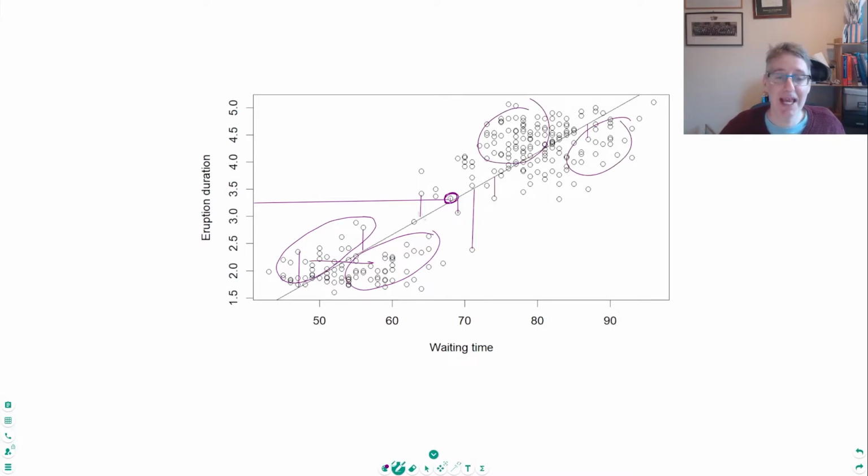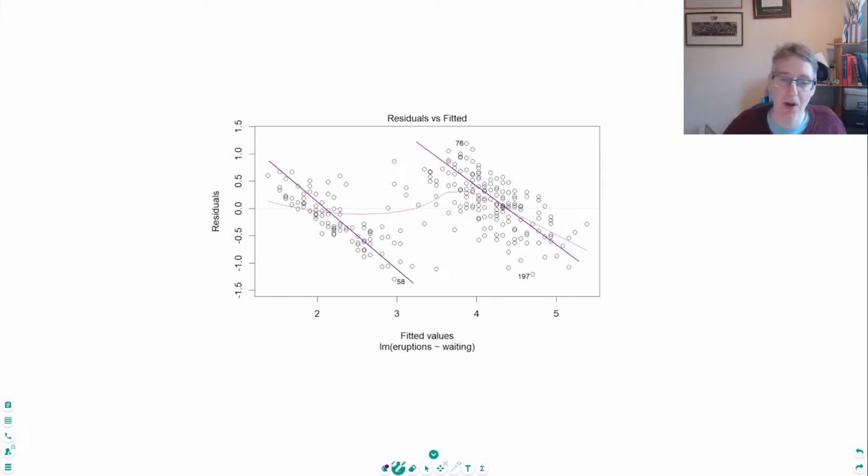So what I'm seeing in this Old Faithful plot is that we really have two sets of data points. We have a bunch of points down here, which are kind of randomly scattered around for low waiting times, and we have a bunch of points up here. And this is what we see on the residual plot. What we'd like to see is no pattern whatsoever, but here we're seeing a slightly odd pattern.